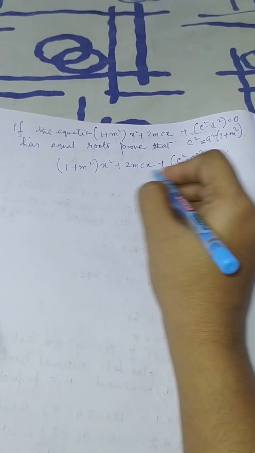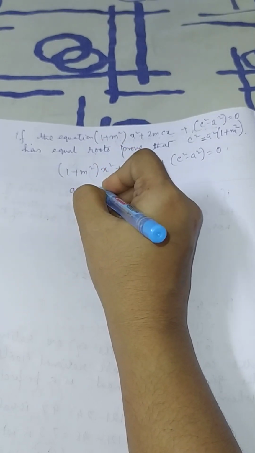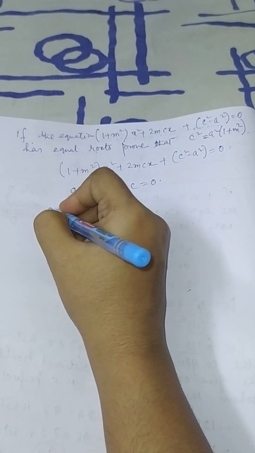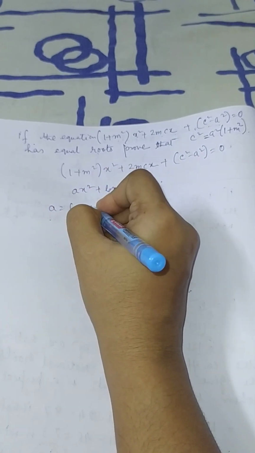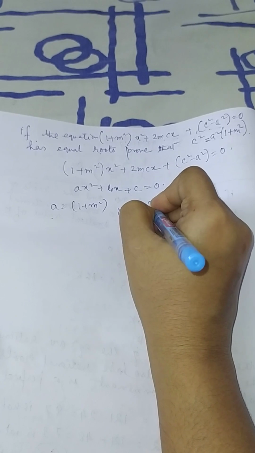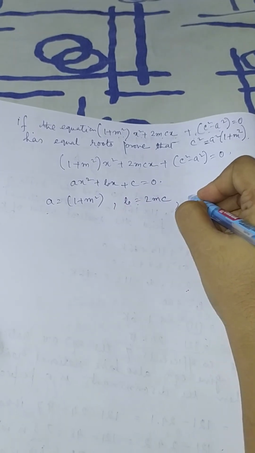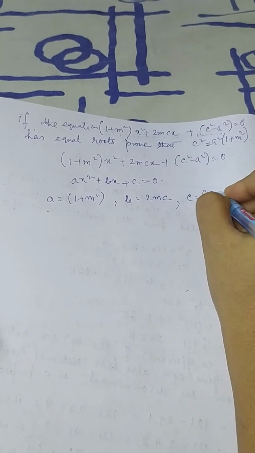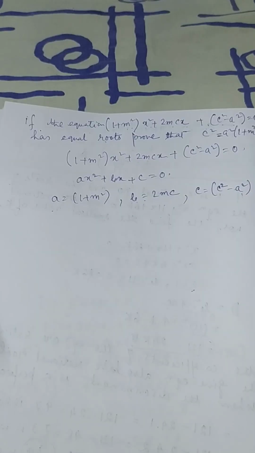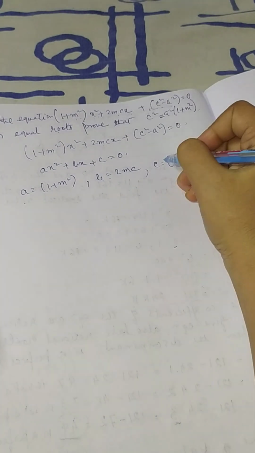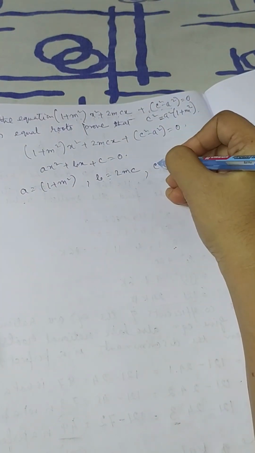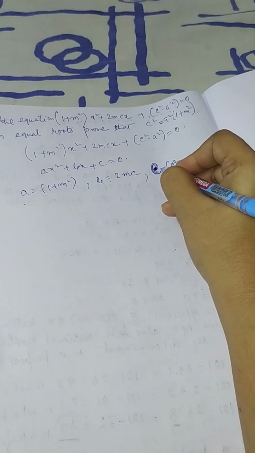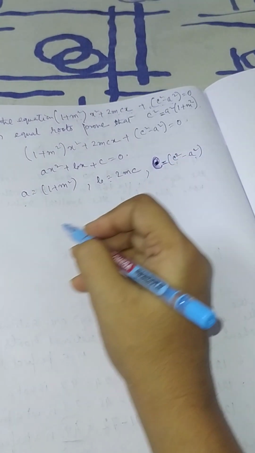As in the earlier case, we have to compare with the basic format. So a is equal to 1 plus m square, b is equal to 2mc, and c is equal to c square minus a square, right? As c is in both cases, I am writing it as a capital C, so that it will not mix up.